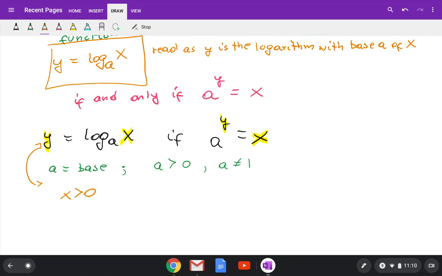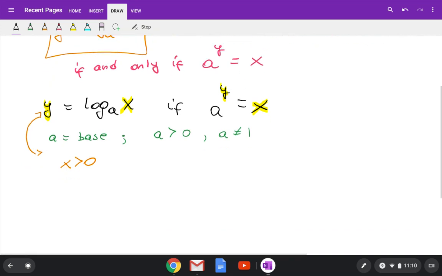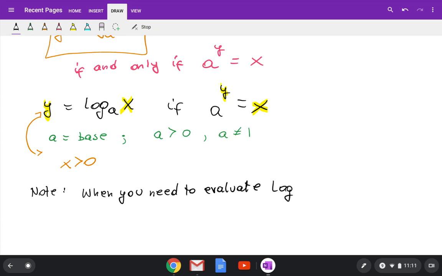So one note which may help you. When you need to evaluate a logarithmic function, log base a of x, that base is like below, it's an index of x.